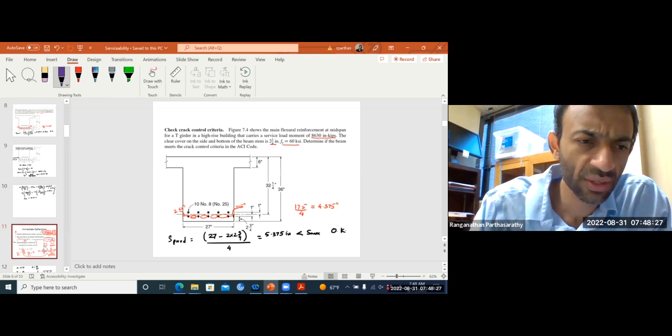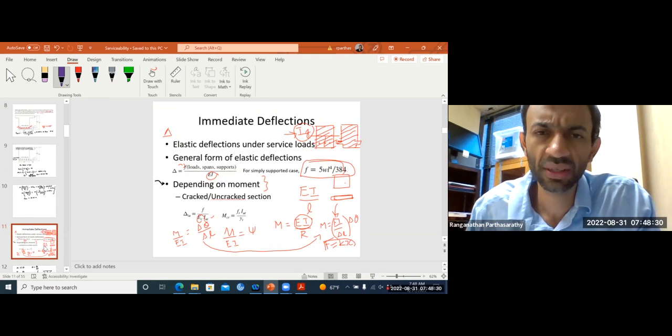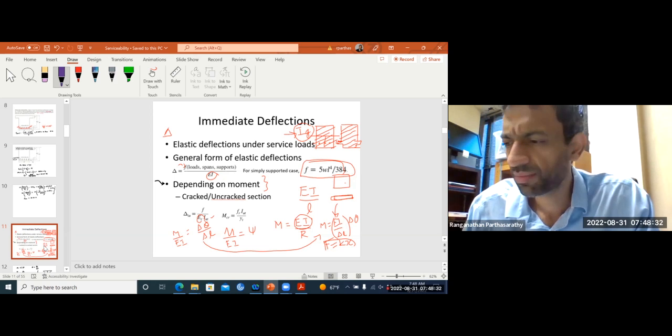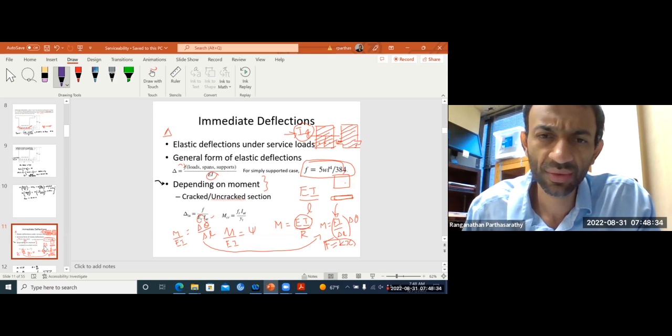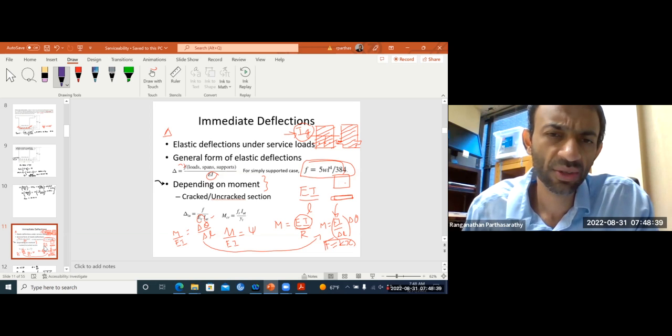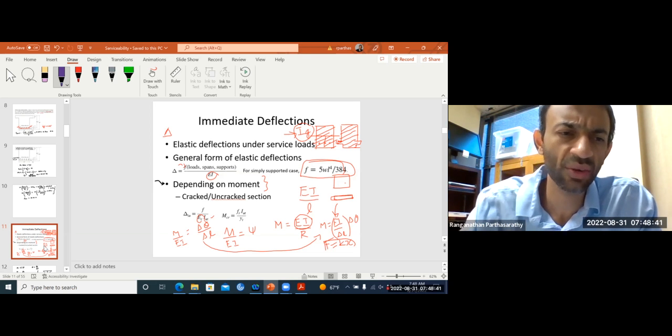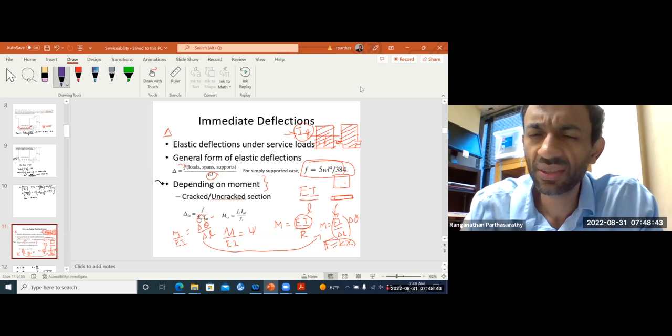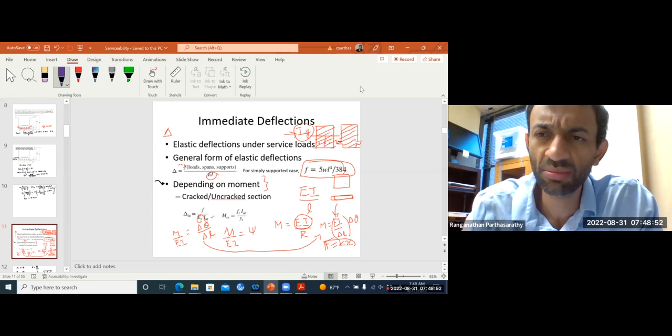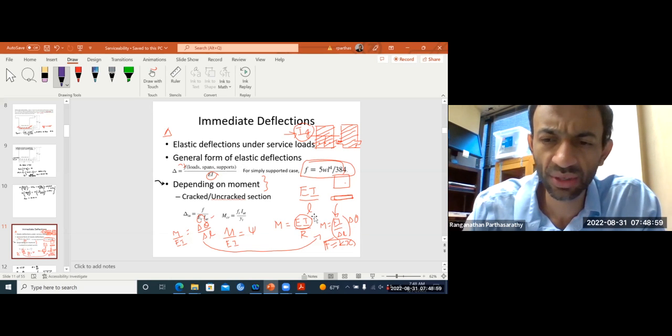Now let's come to the topic of deflections. Like I said, the way we calculate the deflections is dependent on the loading history of the structure. Now, in the Sunday's recording, I spent a bit of time on this. So can any of you tell me, did any of you get a chance to go over that part where we are discussing how to calculate the deflection based on the load history?